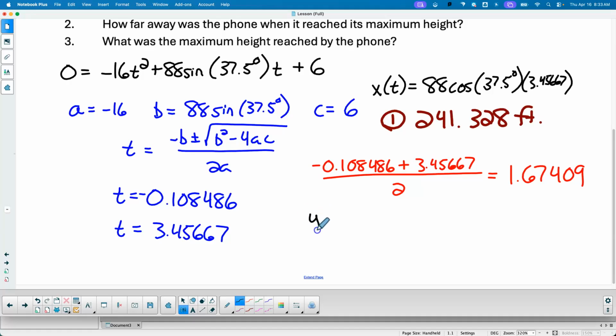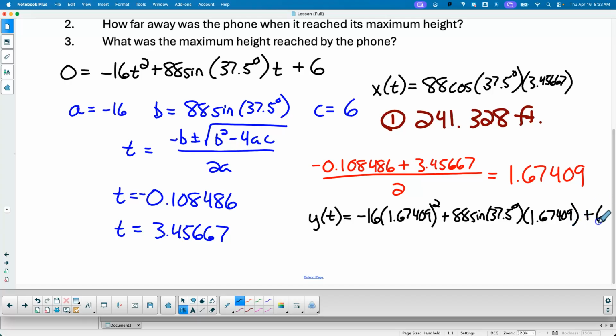Okay. So y of t is gonna be negative 16 times 1.67409 squared plus 88 sine of 37.5 degrees times 1.67409 plus 6.